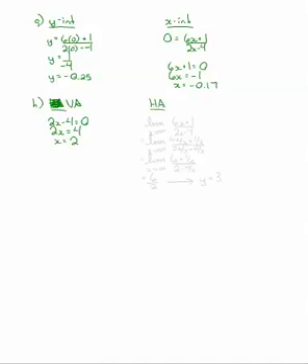Horizontal asymptote, we have to take the limit of this function as x approaches infinity. Divide each term by the highest power of x.